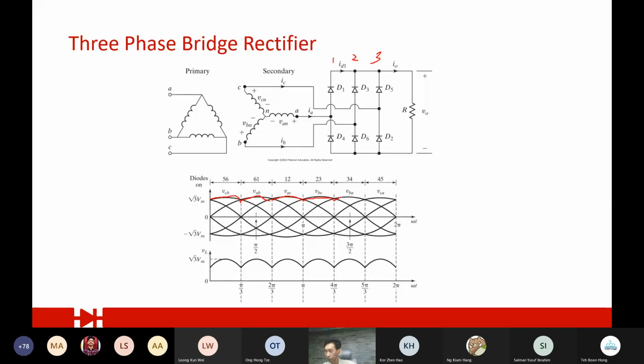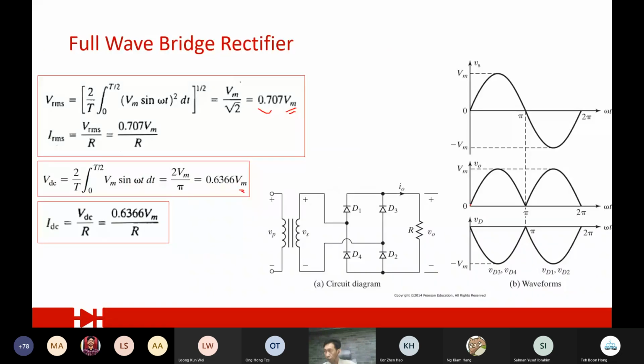So we can see in three phase, right? It actually just takes the outline of the peak, and that will form this. So it does not go all the way down to touch 0 like this one. In the full wave, it goes all the way up and all the way down until it touches the 0 and then all the way up. So this will produce higher ripple factors and also give you a slightly lower conversion efficiency.